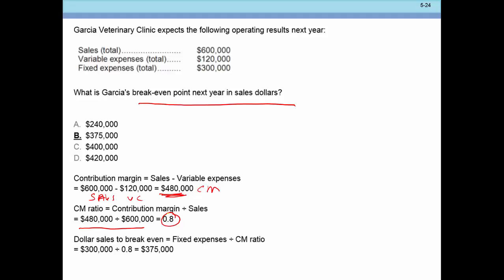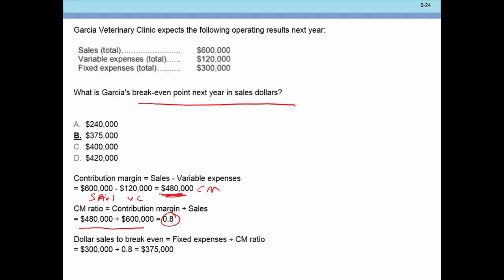80 cents of every dollar is going towards my fixed cost and profit. I should get over that fixed expense hump pretty quickly, shouldn't I? Okay? Of course, it depends on the size of my fixed expenses. If they're really big, then it's going to take me a while to get over them. But once I do, that's when everybody wants to jump on board with my company, right?